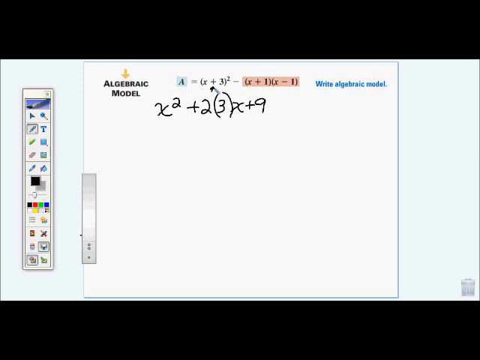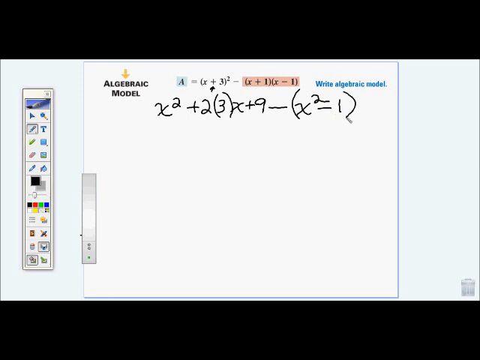Now we go to the x plus 1 and the x minus 1, and we're going to apply that pattern. That will turn into, remember, the O and the I are going to cancel each other out. We're going to subtract this still because that's the red area we want to get rid of. So we're going to have our first term, x squared, and our last term, which would be negative 1.